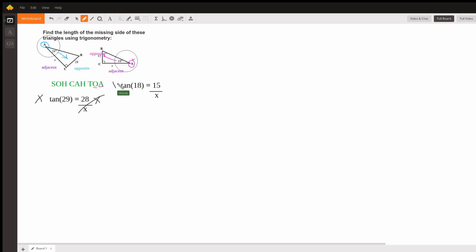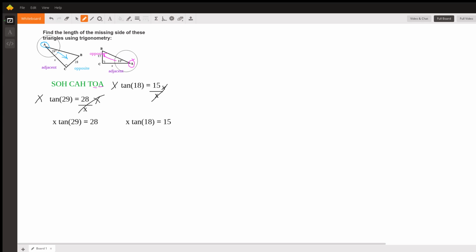So now what I have is X times the tangent of 29 equals 28. And over here, I have X times the tangent of 18 equals 15. Notice we're doing the exact same thing to both of these.